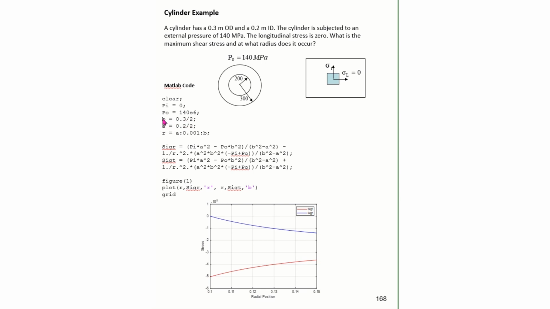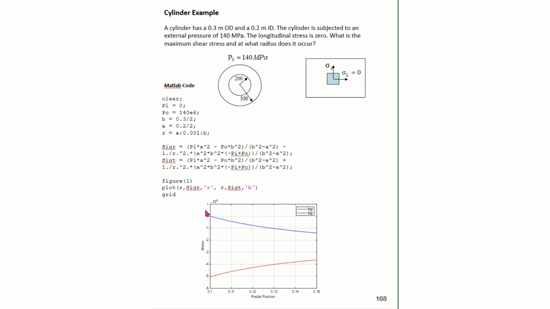My outside radius is 0.3 divided by 2, and my inside radius is 0.2 divided by 2. And then I let r range from a to b in increments of 0.001. And then I compute sigma r and sigma theta, and I plot them.